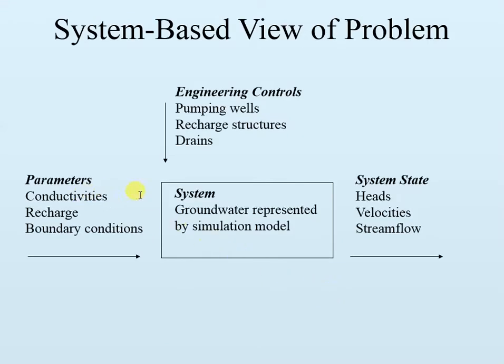So with respect to this image, essentially the management model approach, the parameters are defined, the system state is defined, and we solve for the engineering controls. And we'll see more about that in the second episode of this series.